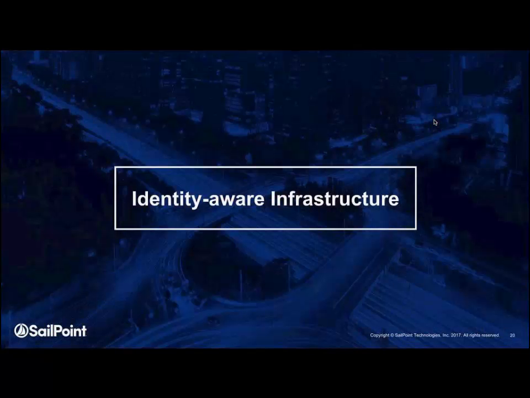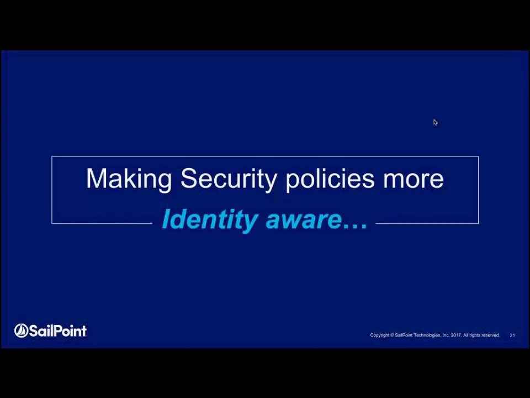Now, I said several times identity-aware infrastructure, but those are easy terms to throw around. What exactly does that mean? Well, it actually means a couple of things. It means making security policies more identity-aware, so that's our security infrastructure, making it aware of identity.